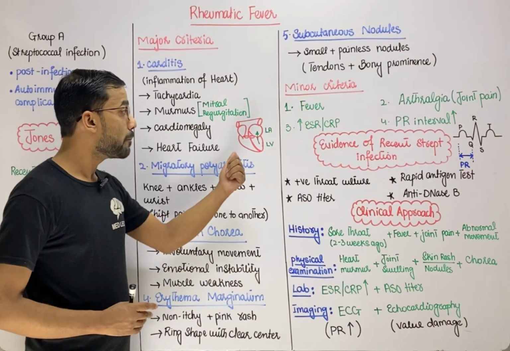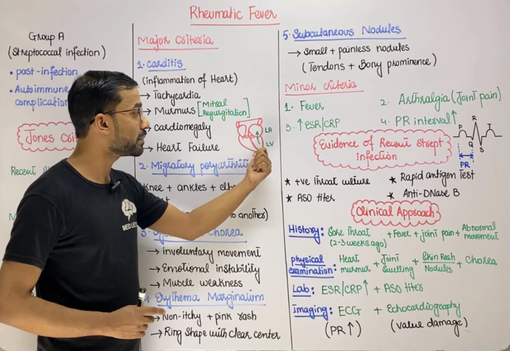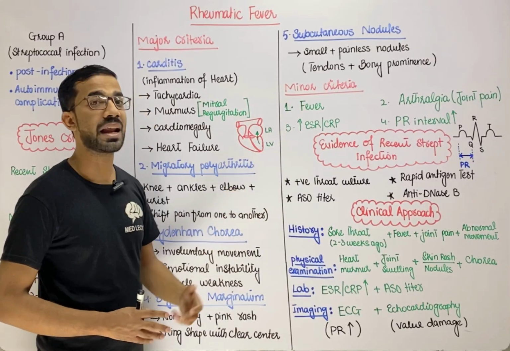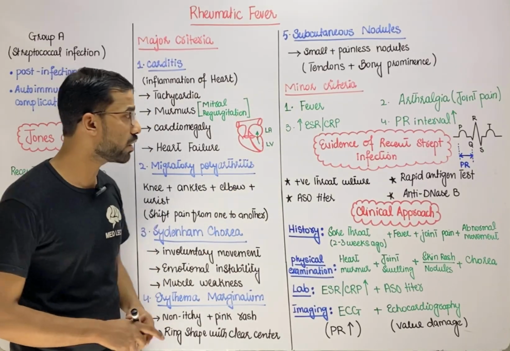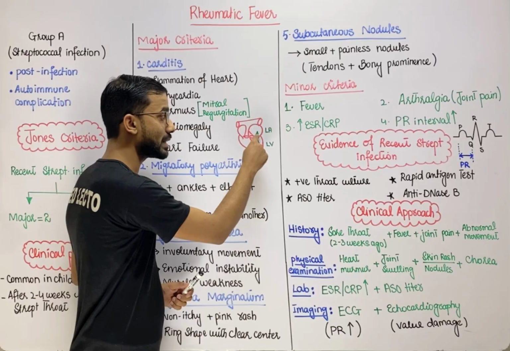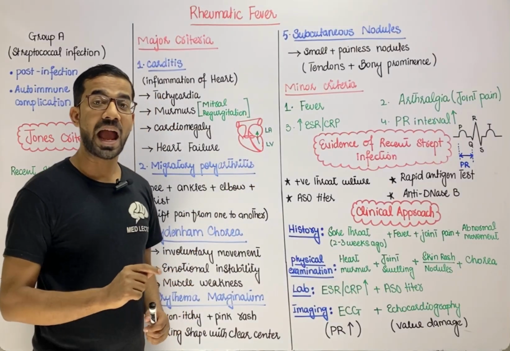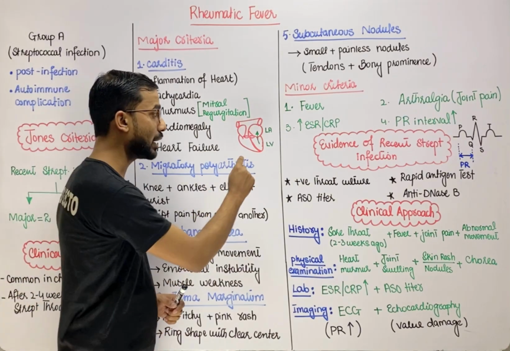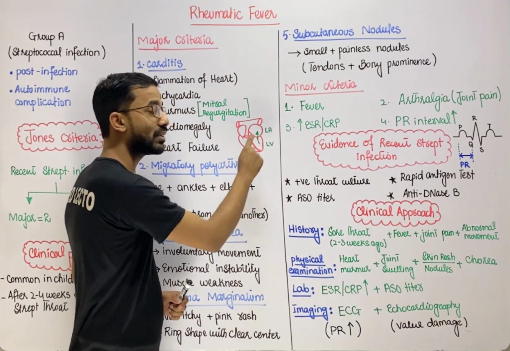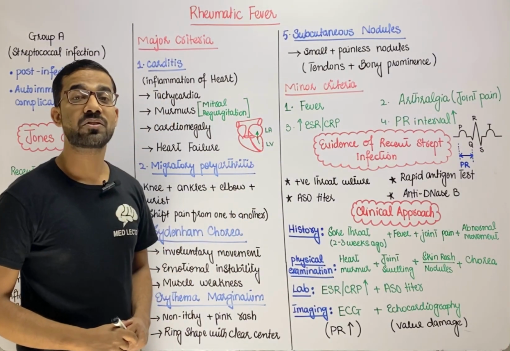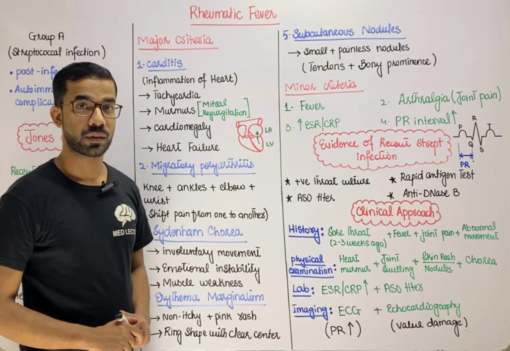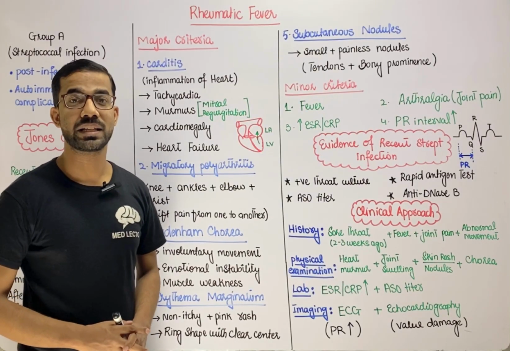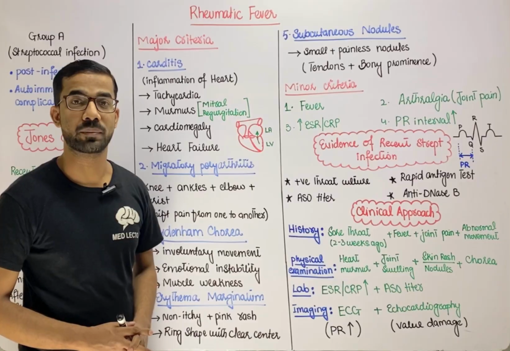Due to the backflow of blood from the left ventricle to the left atrium, because the mitral valve is present on the left side of your heart, and whenever you see the backflow of blood from the left ventricle to the left atrium, you will see mitral regurgitation, and you can listen to its sound in the form of murmurs.